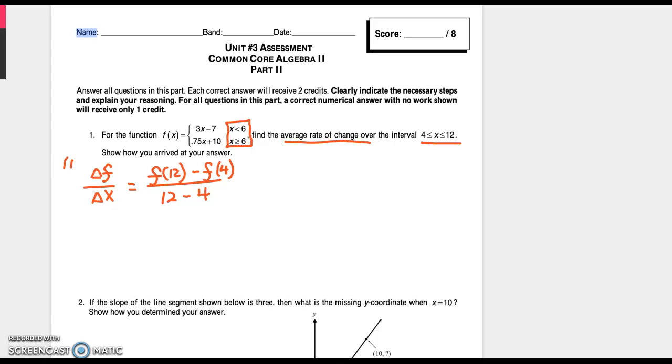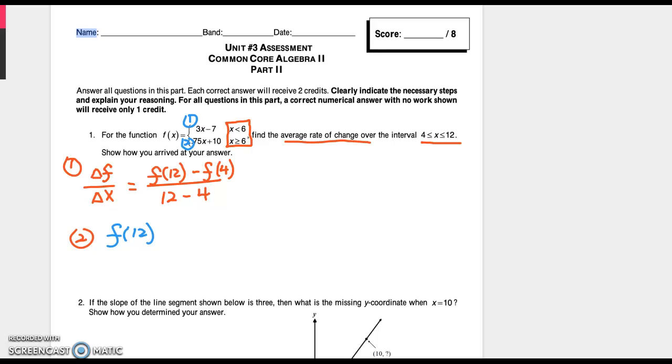Okay, so this is a crucial step. Now step 2. Of course, we know how to subtract 4 from 12. However, for f of 12, you need to decide whether to use the first one or the second one. How? You go to one of those domains, right?